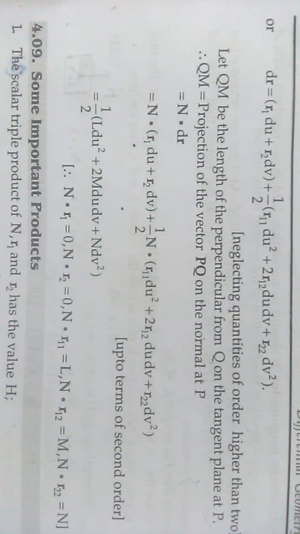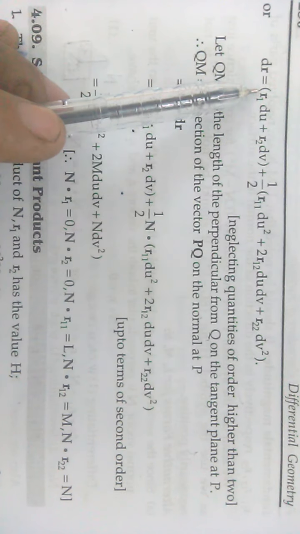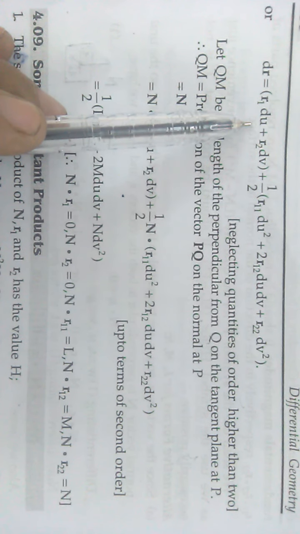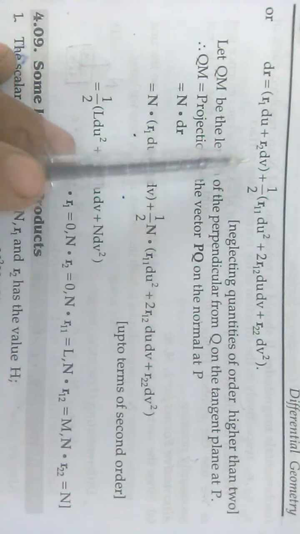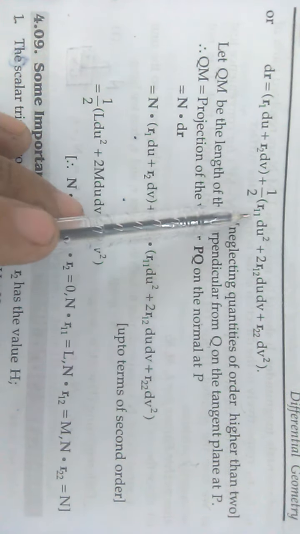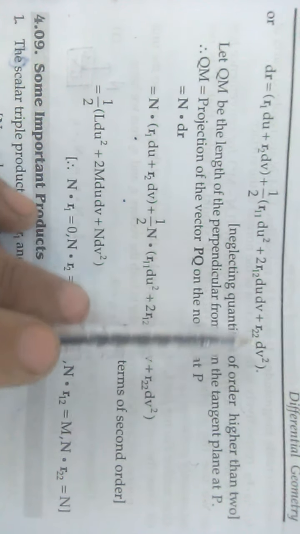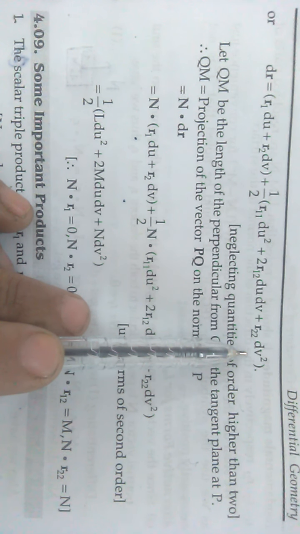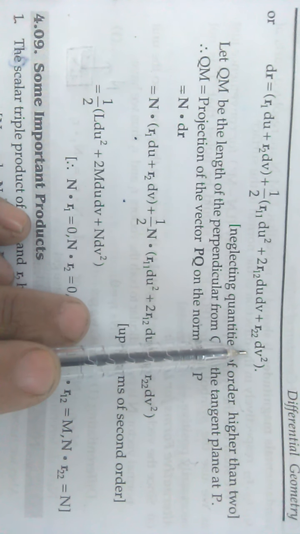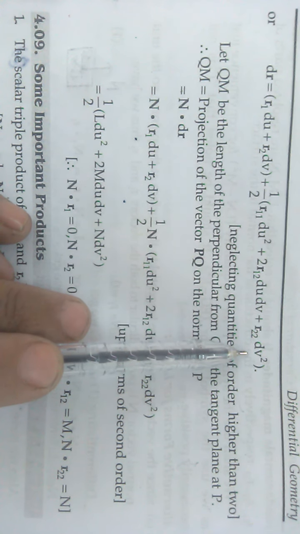Now from here we can find the value of dr. So dr is given by r1 du plus r2 dv plus half of (r11 du square plus 2 r12 du dv plus r22 dv square). We have neglected the quantities of order higher than 2.